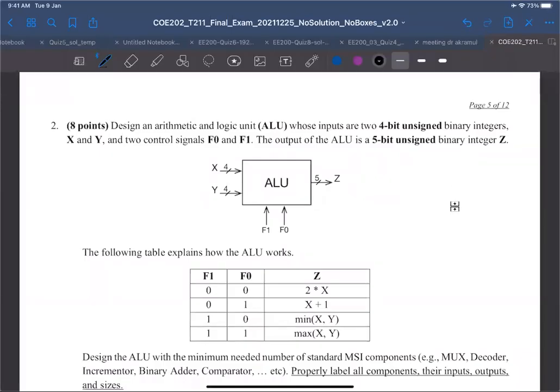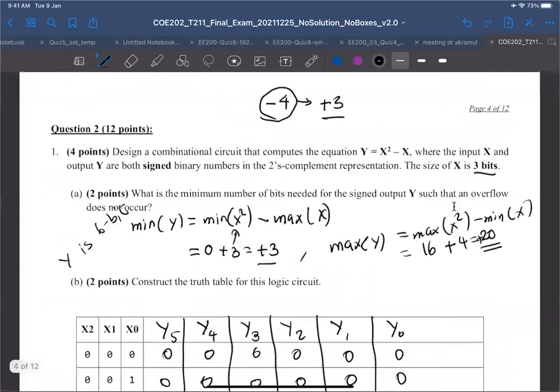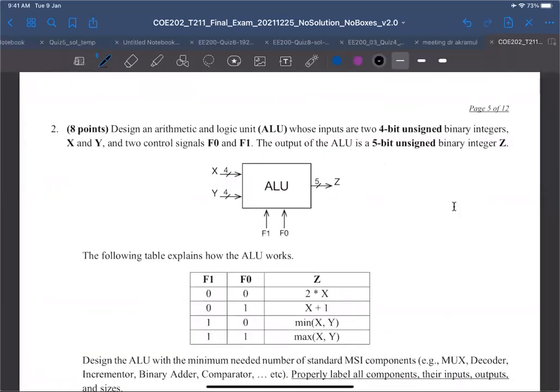All right, welcome back. I am still trying to solve the midterm or final exam of term 211. This is the second part of question 2, where we have this ALU question.